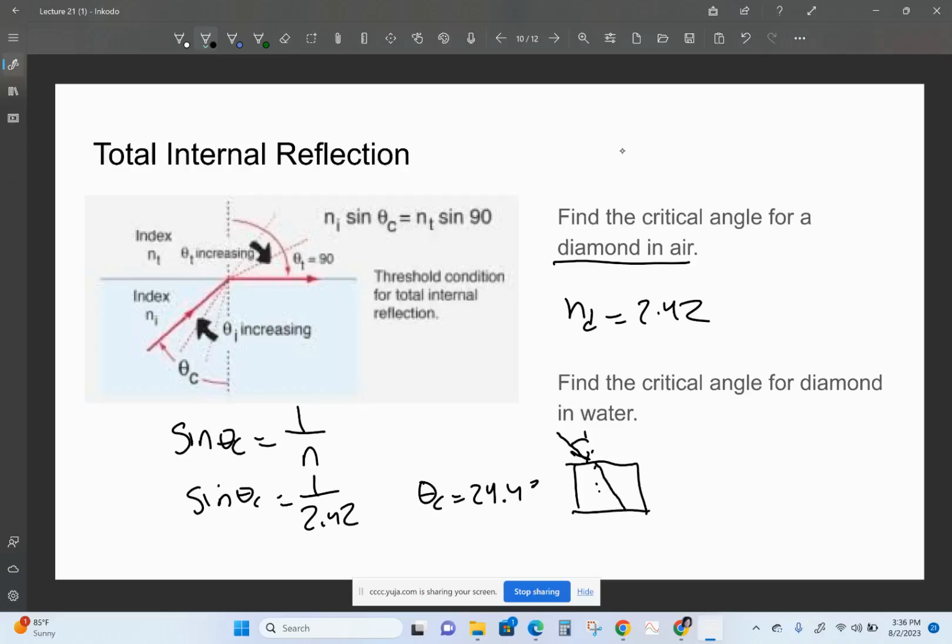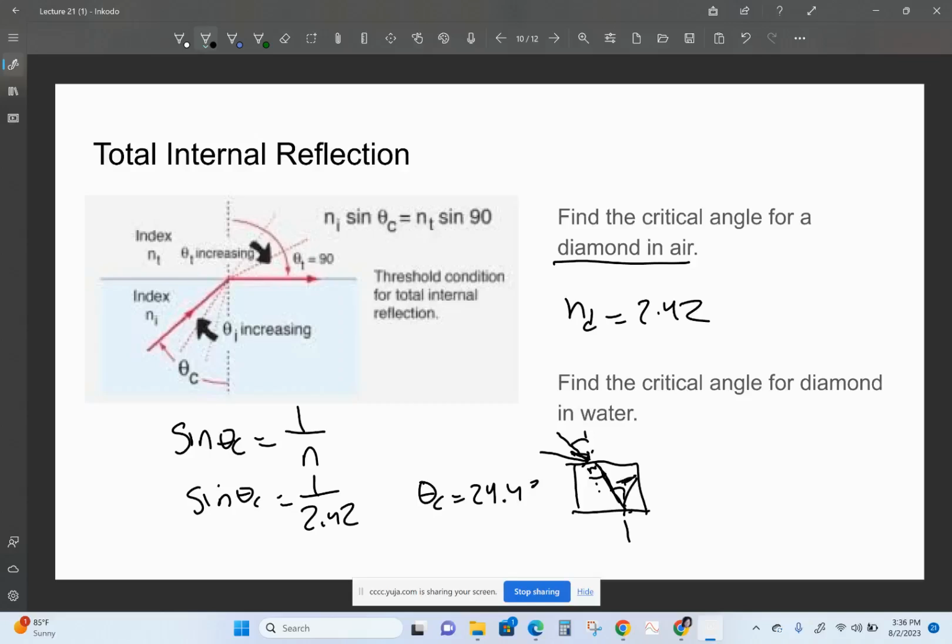And if it's at a really big angle, it's very likely that the angle of refraction inside is going to be bigger than 24.4 degrees, which means that when it tries to go out, it's going to hit the other side at whatever that angle of refraction is. So if it refracts at 24.6 degrees, it's going to hit the other side and try to go out at 24.6 degrees, but that's bigger than the critical angle, so it will actually bounce in.